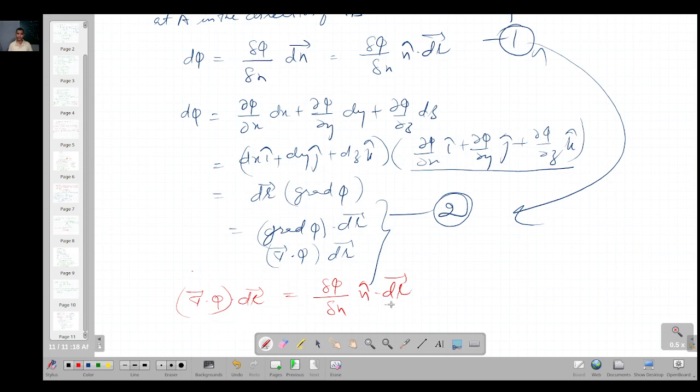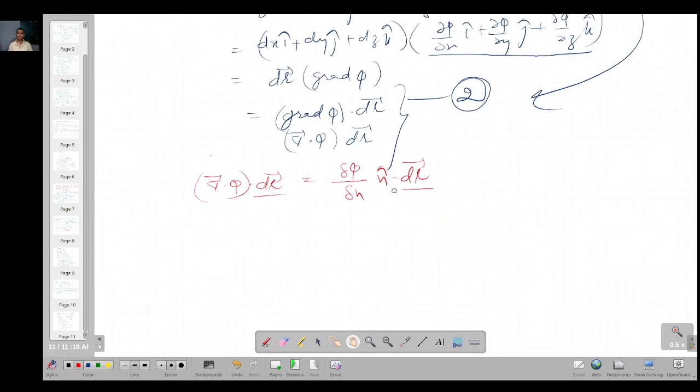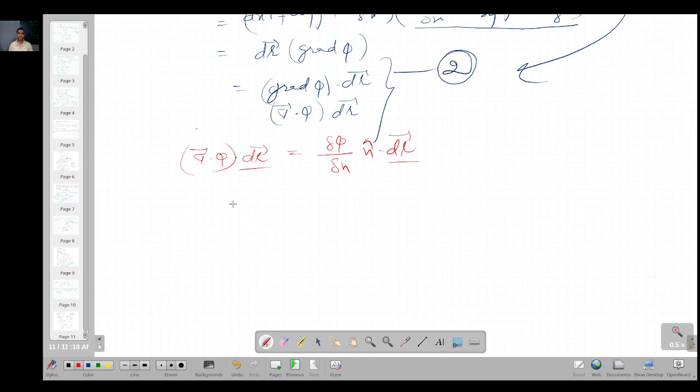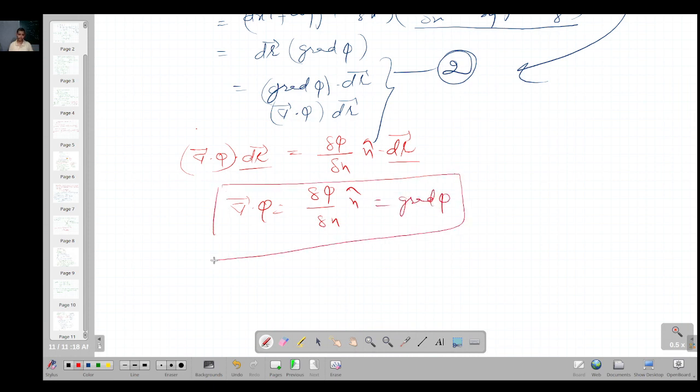Comparing these two, dr vector cancels out in a way. Therefore del phi is equal to delta phi over delta n, n cap. This is basically gradient of phi. Thus this represents the change in phi in the direction in which the change in phi will be maximum, as I stated earlier.